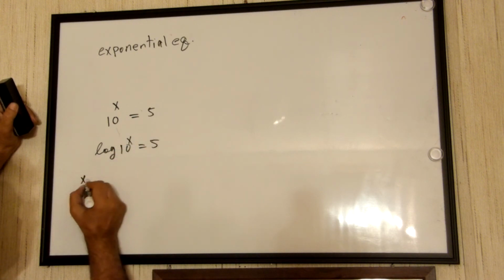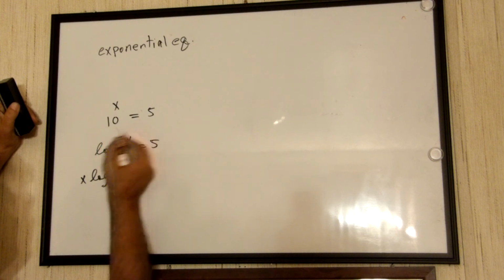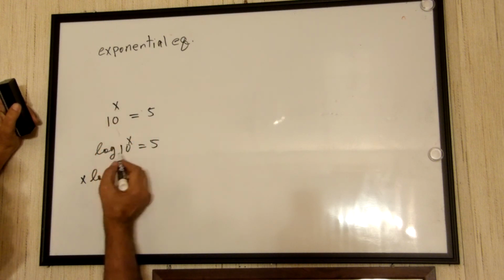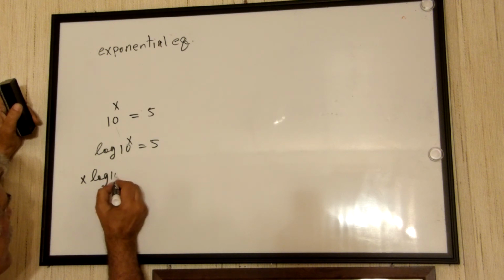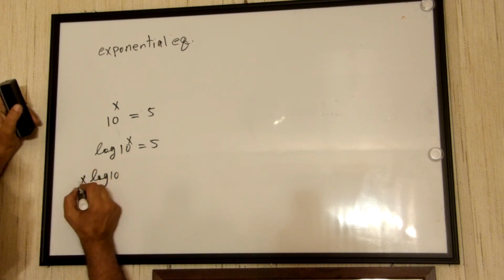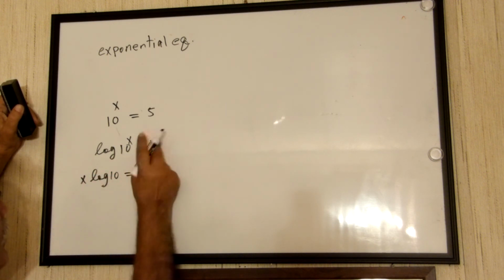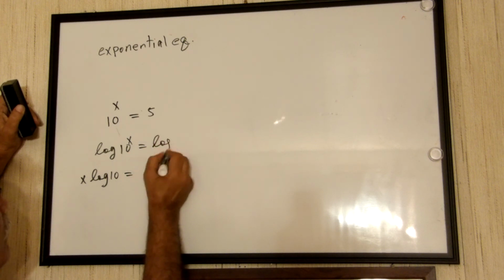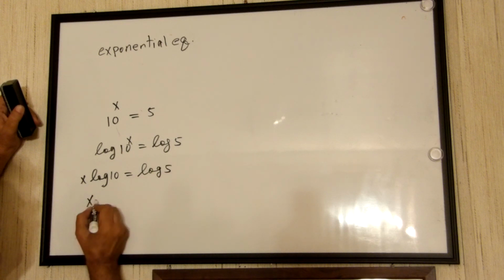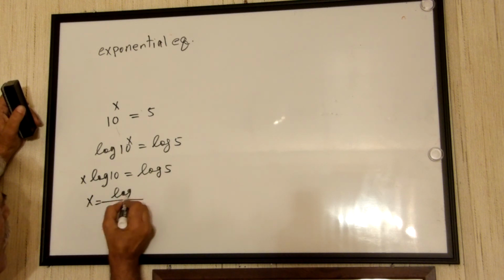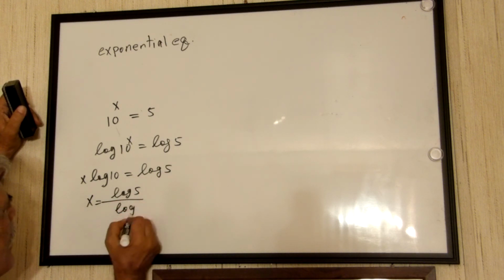We use log because these are plain numbers. If it was e to the power of, we would use natural log. It's easier that way. The power x comes in front, so x log 10 is log 5, and x is going to be log 5 divided by log 10.